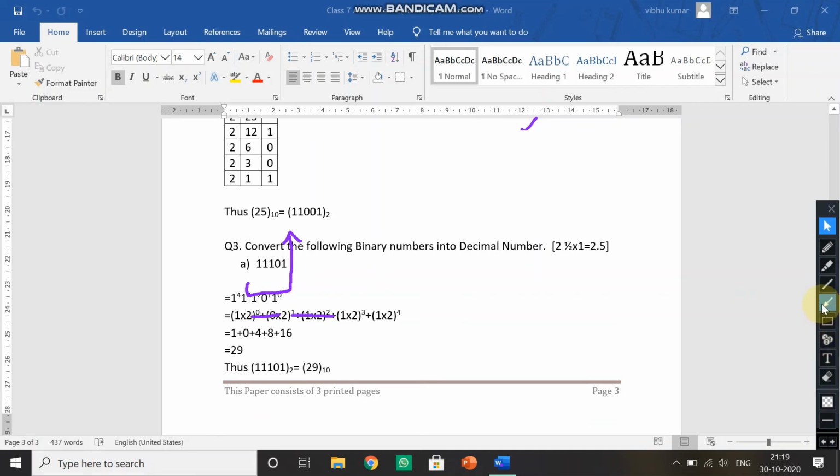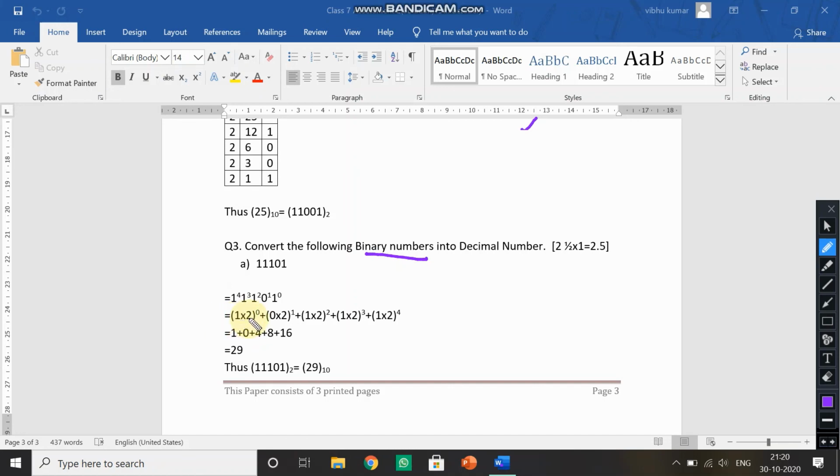Here we will see, convert the following binary number into a decimal number. The number is 11101. So we will put the powers on it. We start with 0, 1, 2, 3, 4, and then we multiply each digit with the base.